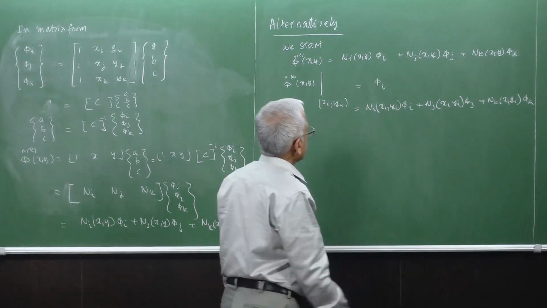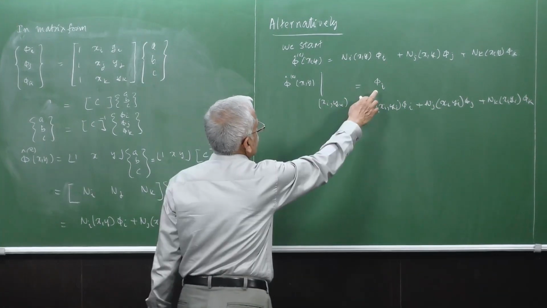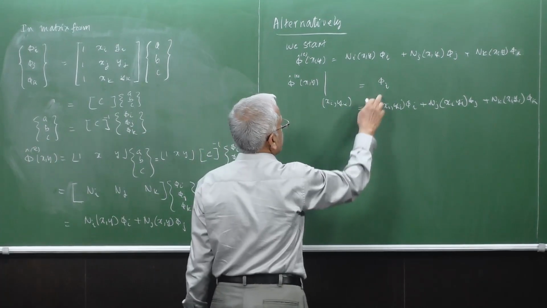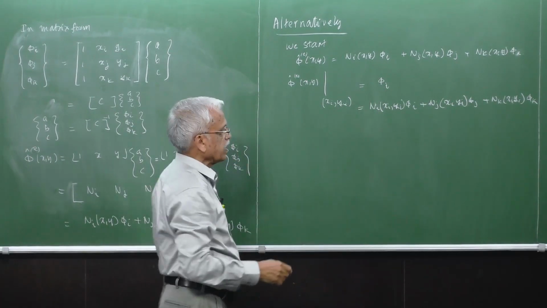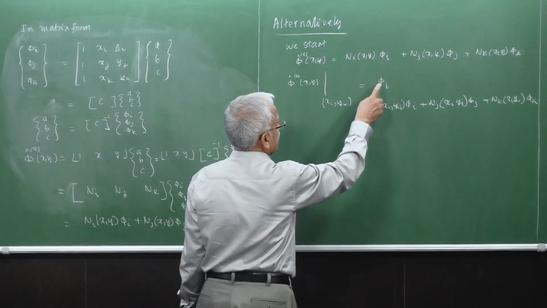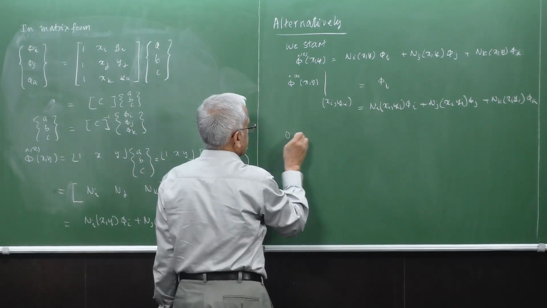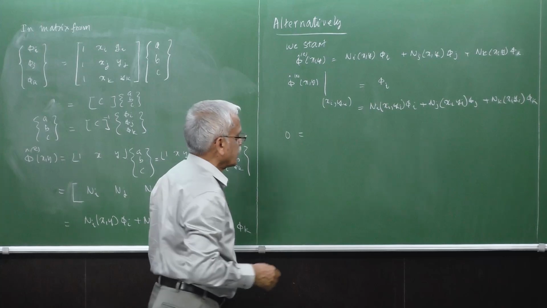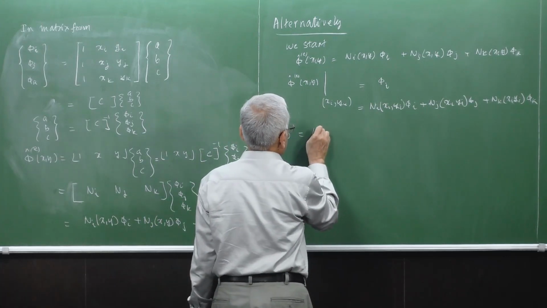If you look at this equation, this is phi i equal to this one. We can take this phi i onto this side and keep 0 on the left side.